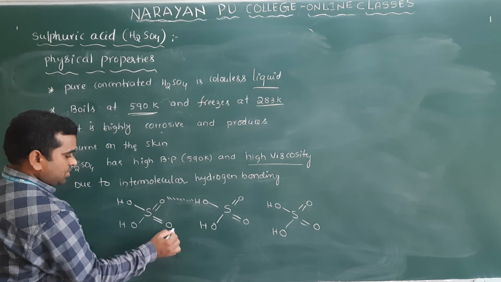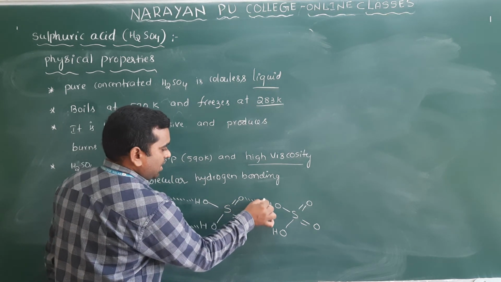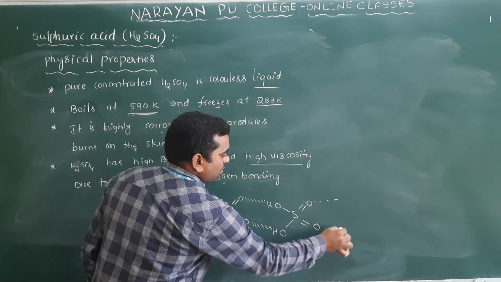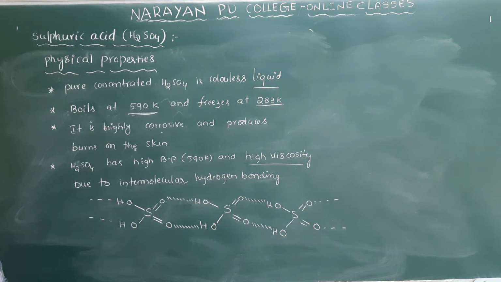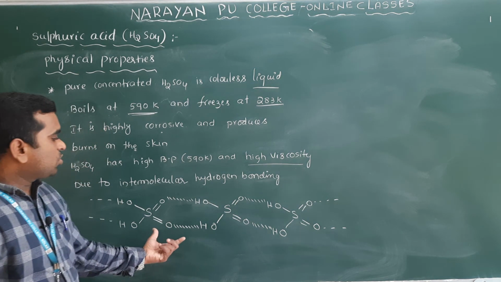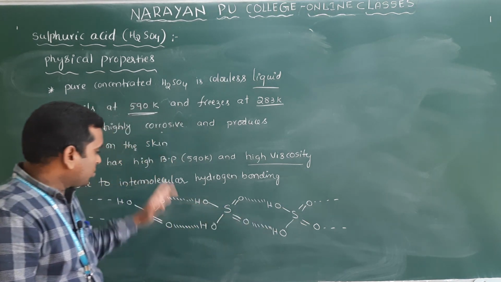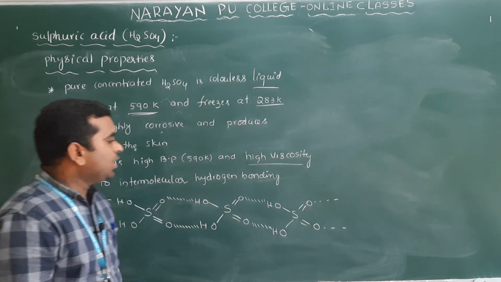This is a hydrogen bond. Clear? Here hydrogen bonding between hydrogen, and next also it is involved in hydrogen bonding. Due to this intermolecular hydrogen bonding, extra bonds are present. So to break them you have to supply a lot of heat energy. That's why it has a high boiling point.